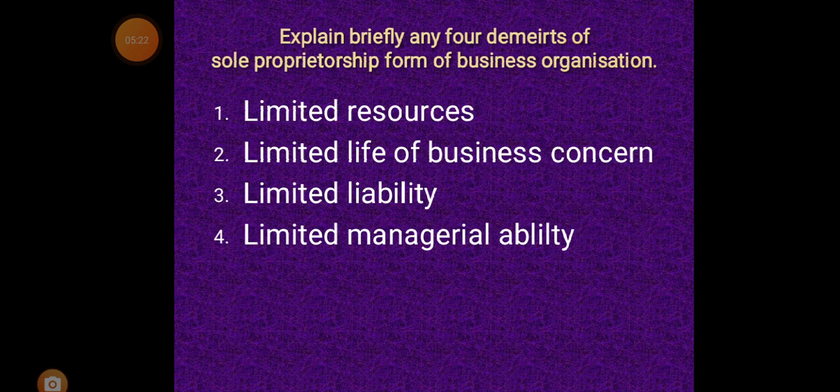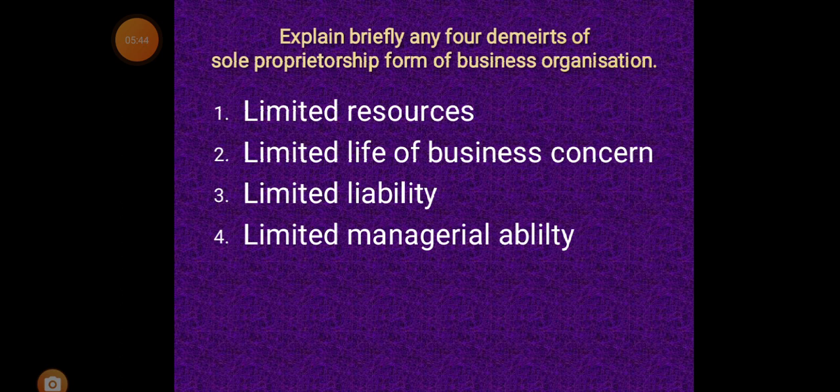Explain briefly any four demerits of sole proprietorship form of business organization. As I told, they will not combine merits and demerits under 4 marks. Only in 8 marks will they ask both. For 4 marks, they ask only merits, or only demerits, or only features.